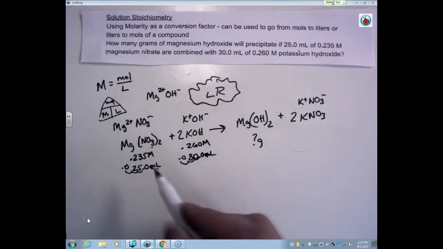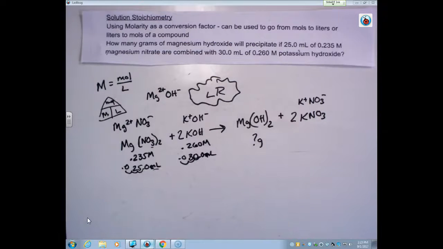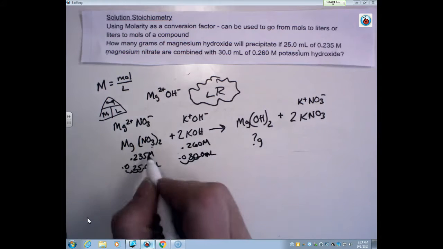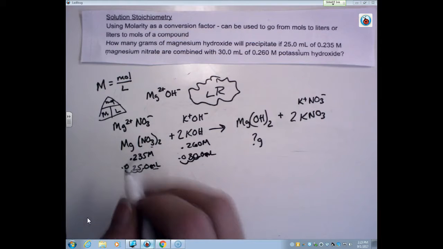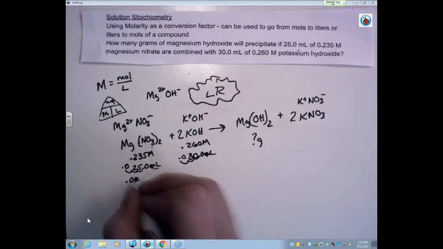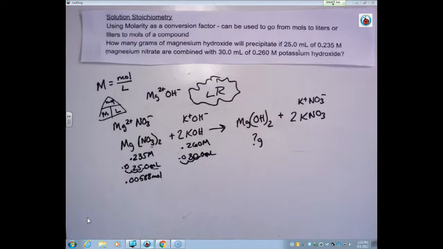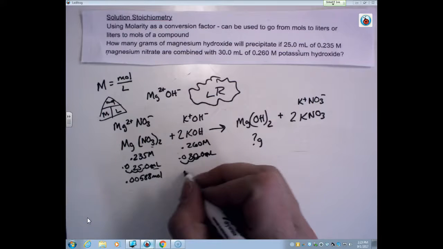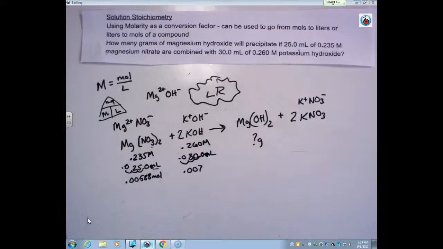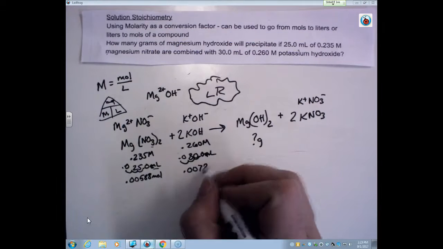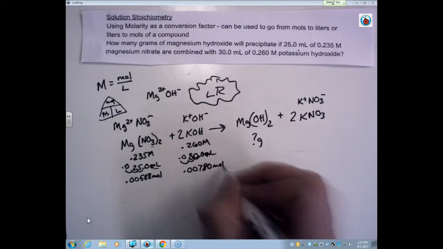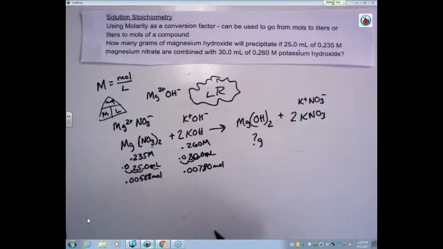Okay, so if I multiply these molarity times liters for my magnesium nitrate, I get 0.00588 moles of magnesium nitrate. And for potassium hydroxide, 0.00780 moles of potassium hydroxide.